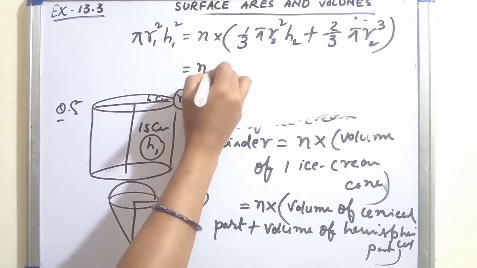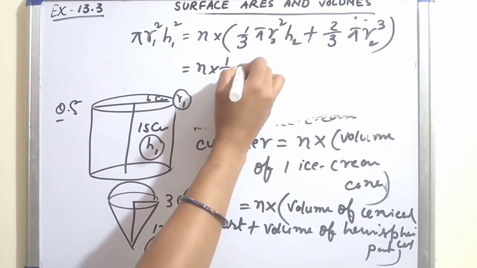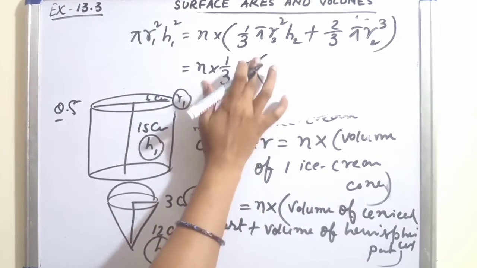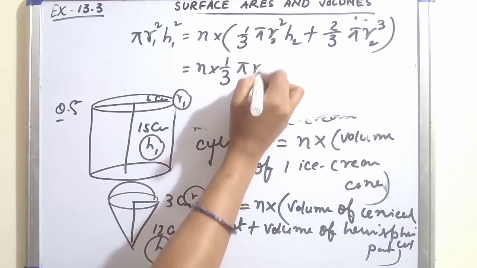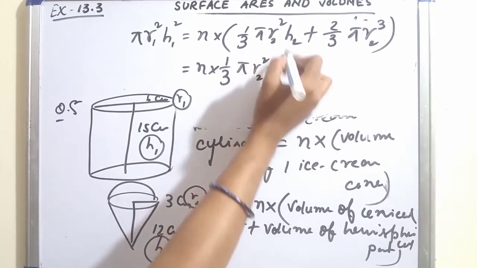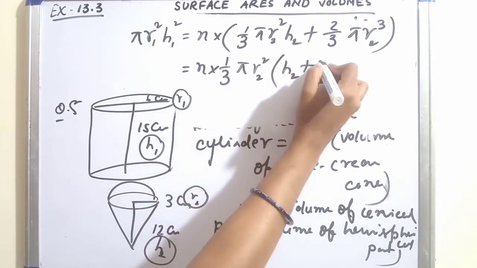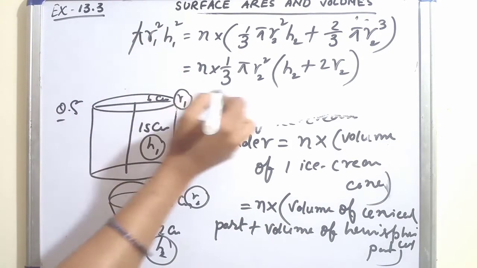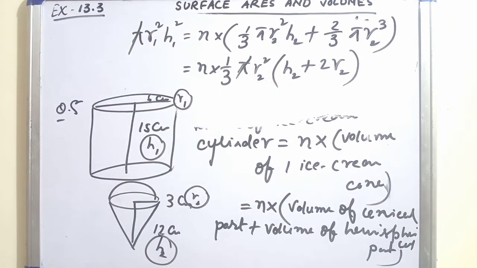This implies n into 1/3 into pi, taking common 1/3 into pi r2 square, so this is h2 plus 2 r2. Now pi cancels out.